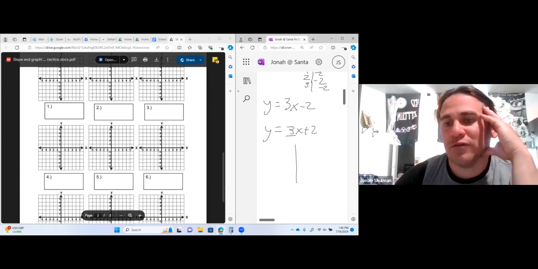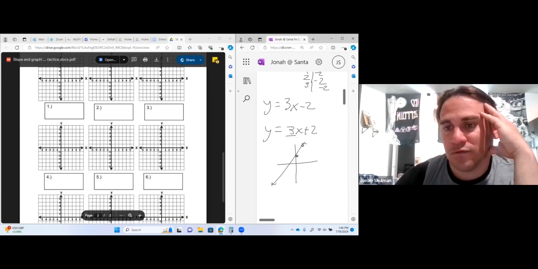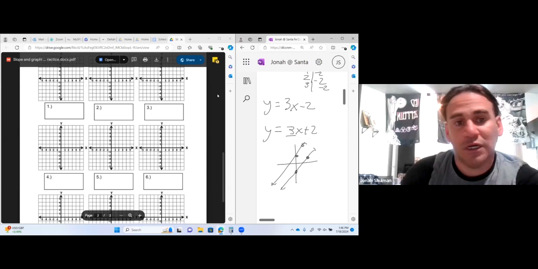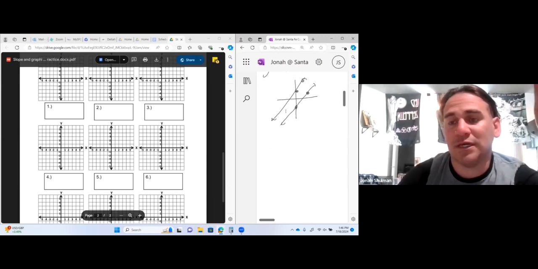So when they graphed it, they would see up 3 over 1 and at -2 up 3 over 1. They would see that these lines are parallel. They're never going to cross, right? And so you can put whatever you want on these, which is really nice. That's why I made that worksheet that way.